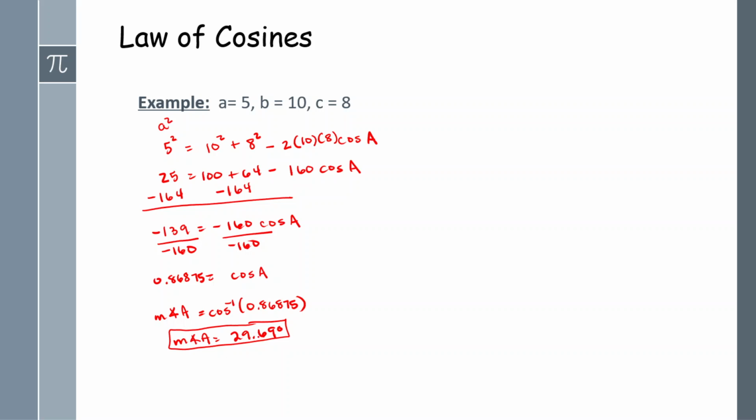Okay, now I need to go find another angle. So we'll set the same thing up, and I'll use b squared to start with. So that'll be 10 squared equals 5 squared plus 8 squared minus 2 times 5 times 8 times the cosine of B. So now I can do this same calculation.